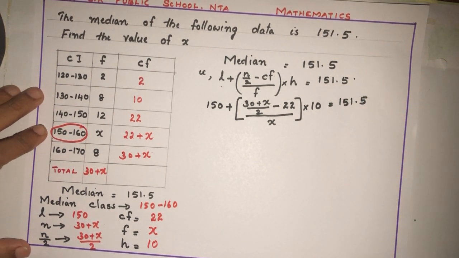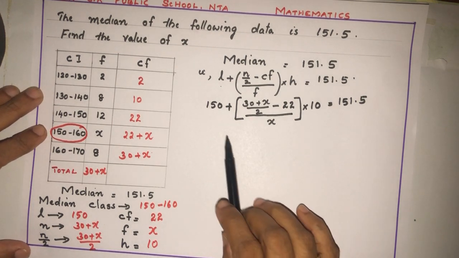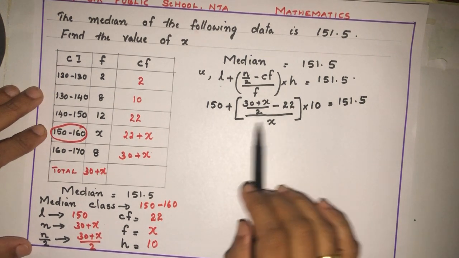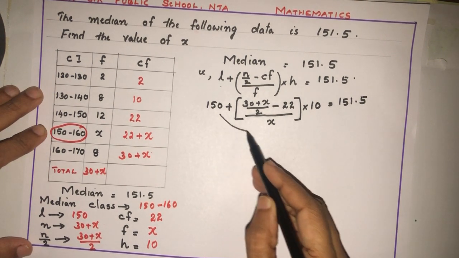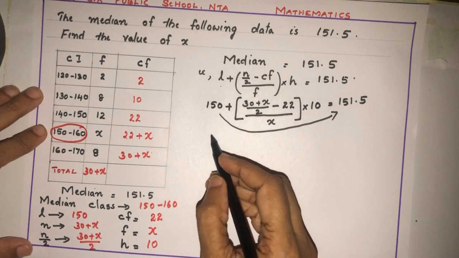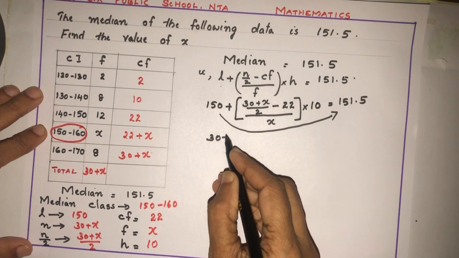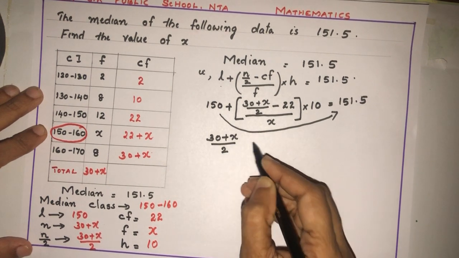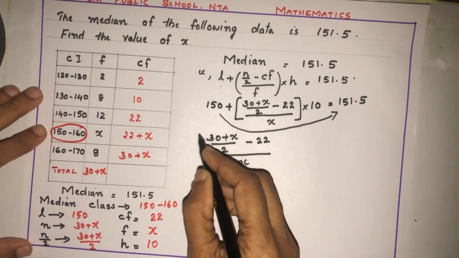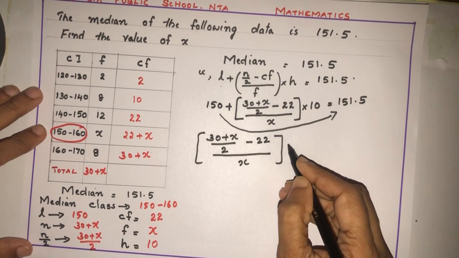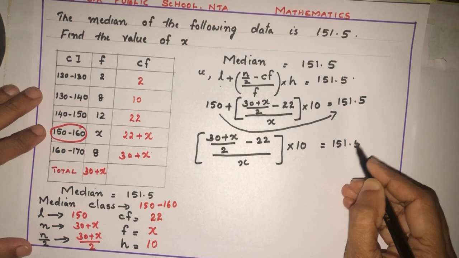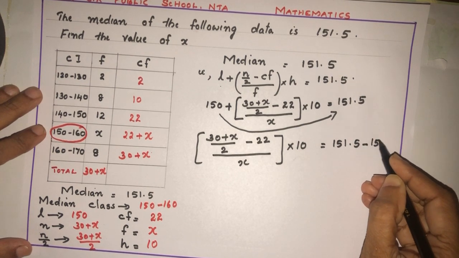Children, you have to listen carefully how the simplification is going. First, for easy calculation, we can take this 150 to the other side. Here it is added, so it will come as subtraction. So next step, ((30 plus x) by 2 minus 22) the whole by x multiplied by 10 equal to 151.5 minus 150.